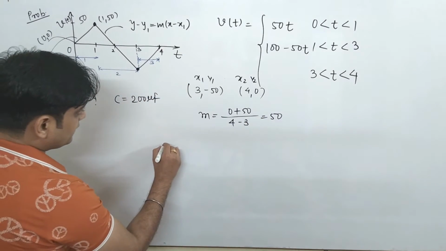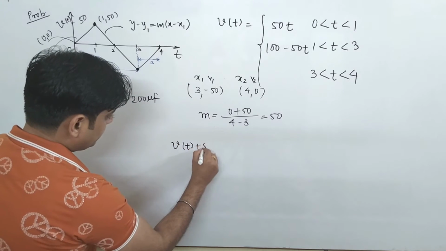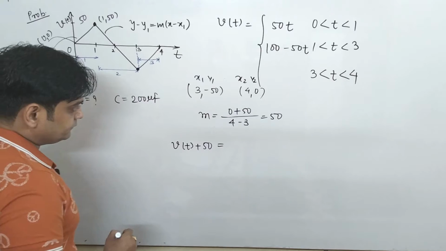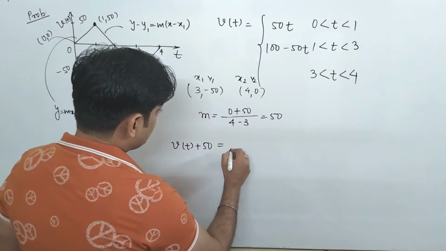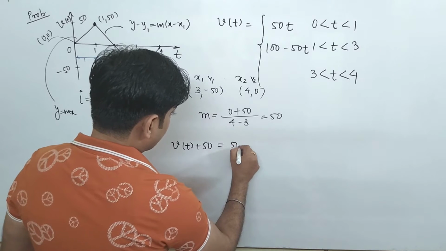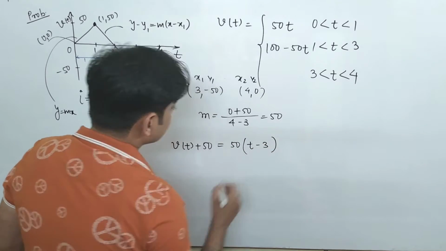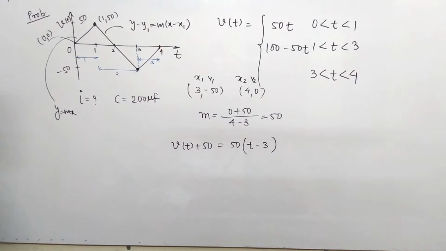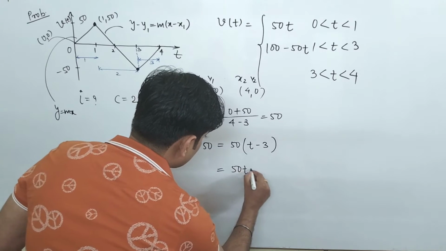So you can say that y minus y1, that is Vt plus 50, is equal to m, and m is your 50, times t minus 3. So that comes to be 50t minus 150.